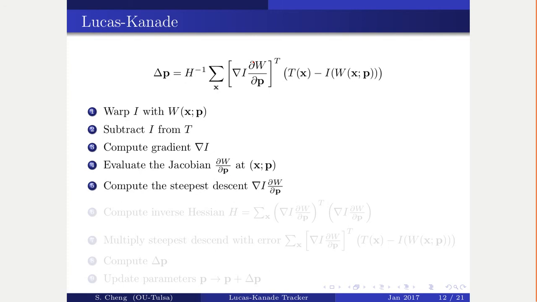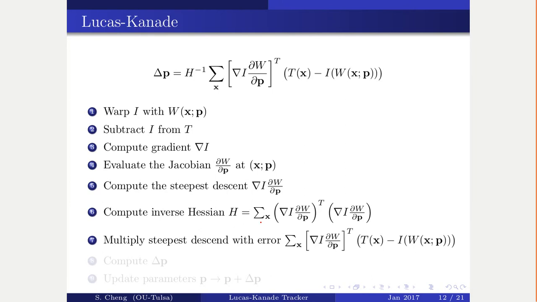And then I compute the steepest descent, basically this guy here, del I del W del p. And then I compute the Hessian, H, which is given by this multiplied by this and summed over x.